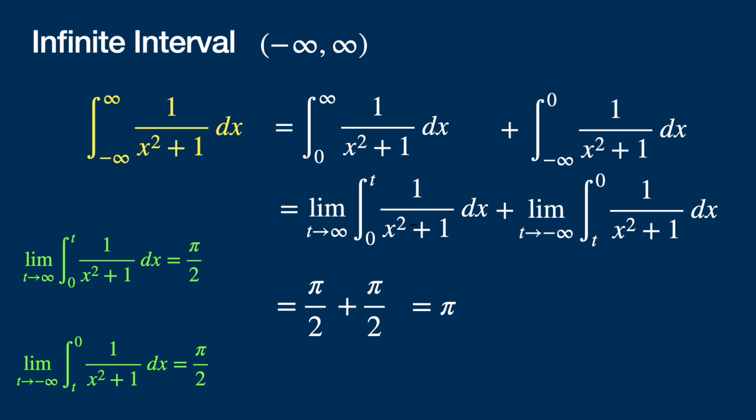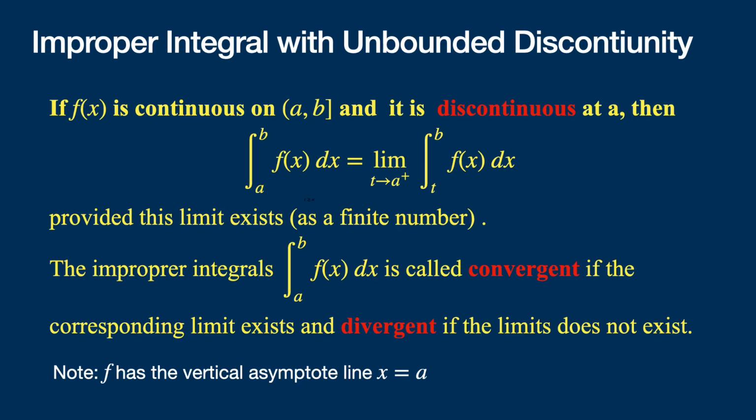Now we're going to do another improper integral. Let's do another type of improper integral, with an unbounded discontinuity. How do you know this is another type of improper integral? We have to find the vertical asymptote of f(x).